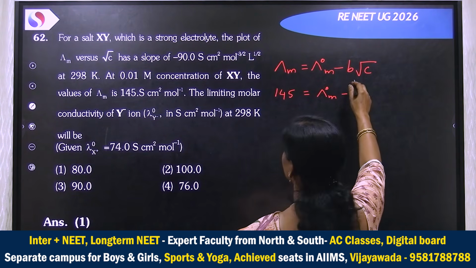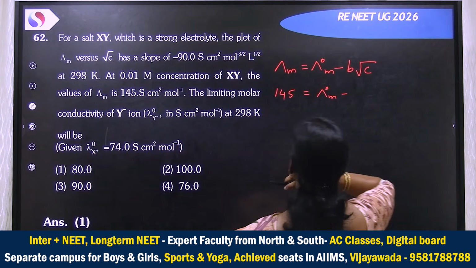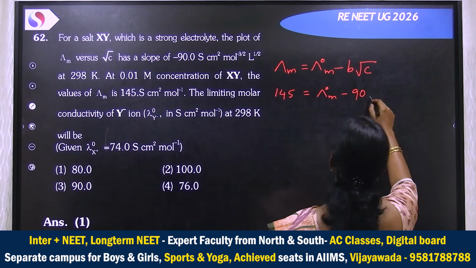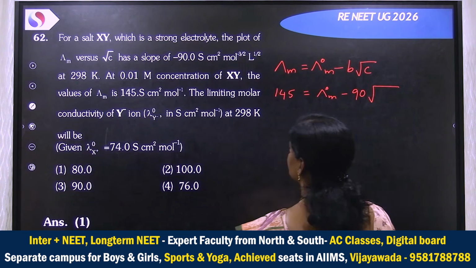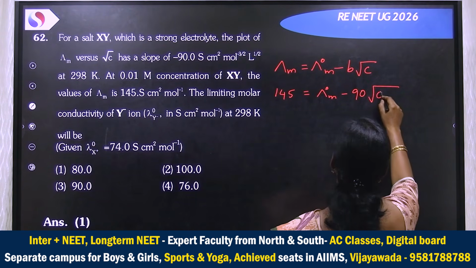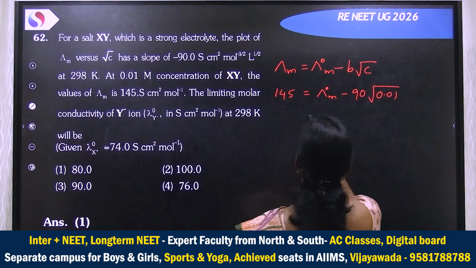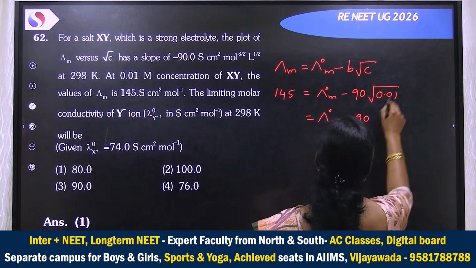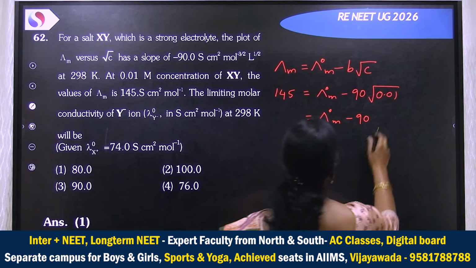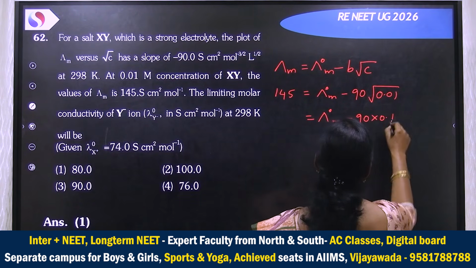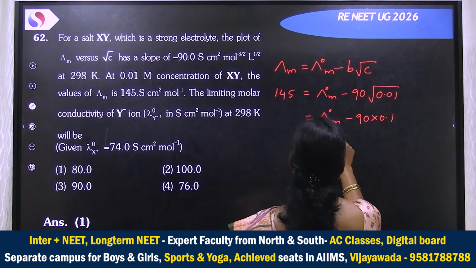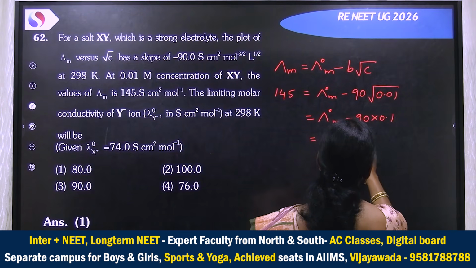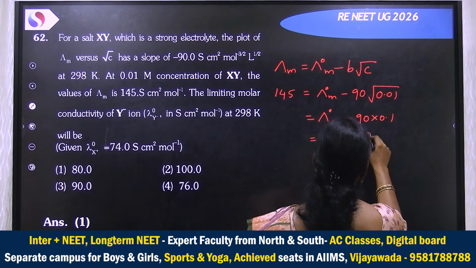The slope value is given as minus 90, into root of C. The concentration is 0.01, so lambda naught m minus 90 times root of 0.01, which is 0.1. So minus 90 into 0.1 is 9.